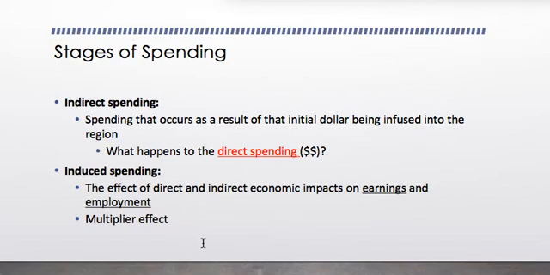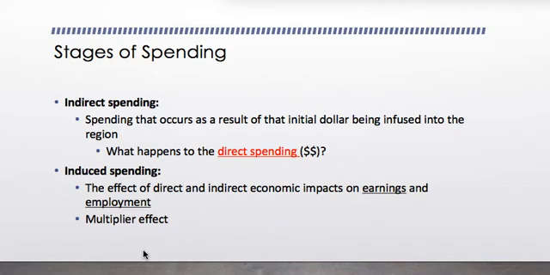Typically, what we do to assess induced spending, you might be thinking, how do we measure that? It seems complicated. Well, it is a little complicated. We typically use what's known as a multiplier, right? Which is basically just a number that helps us quantify indirect and induced spending.